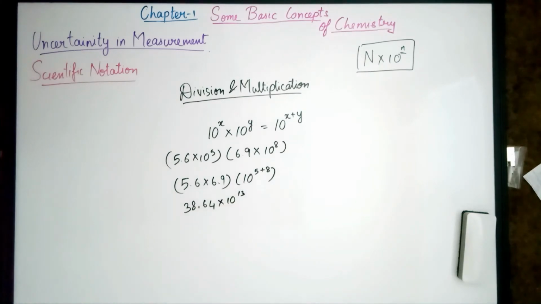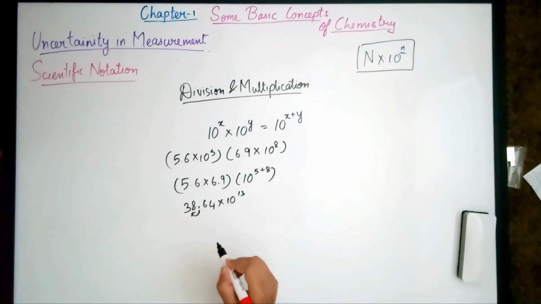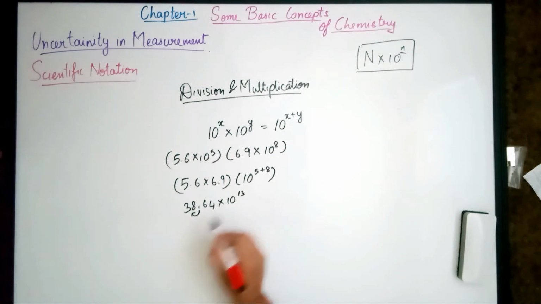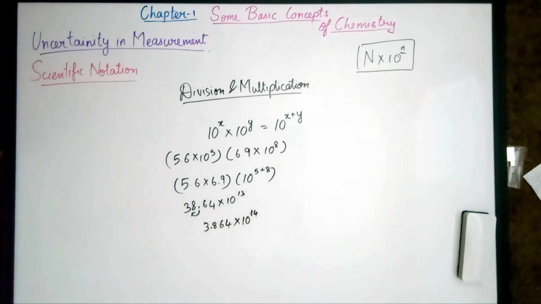But when we are denoting it in scientific notation, we should have only one digit before the decimal. So we are going to shift the decimal point to the left, and when it shifts to the left, we will add plus 1. So 3.864 into 10 to the power 14. So when you have multiplication taking place, you are going to take the powers and then add them. And the digits are going to be multiplied as they are.